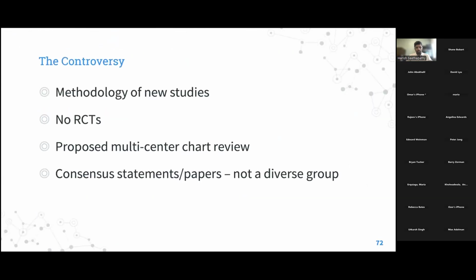The controversy has predominantly been directed at the methodology of the new studies, though, as you've seen, I have pointed to the limitations of the old studies, which define the way we practice. Compared to them, I think the new studies are much more robust in terms of sample sizes and the way that we study statistics.